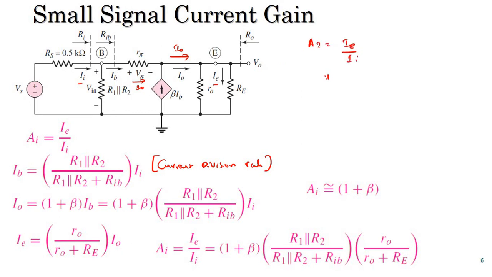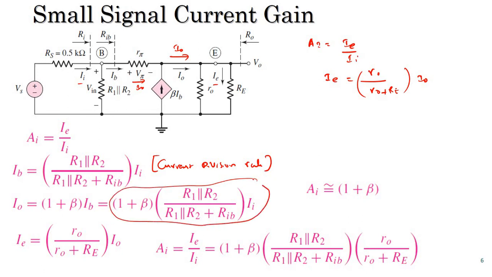IE is nothing but the current flowing through RE. So you have to apply the current division rule, which is R0 by R0 plus RE, multiplied with current I0. Your I0 is this value. You substitute this, and you will end up with this equation.